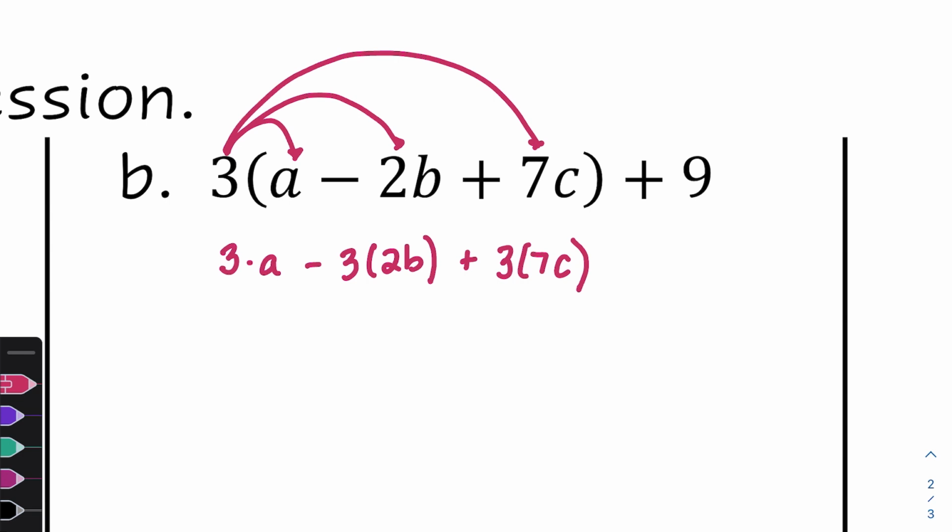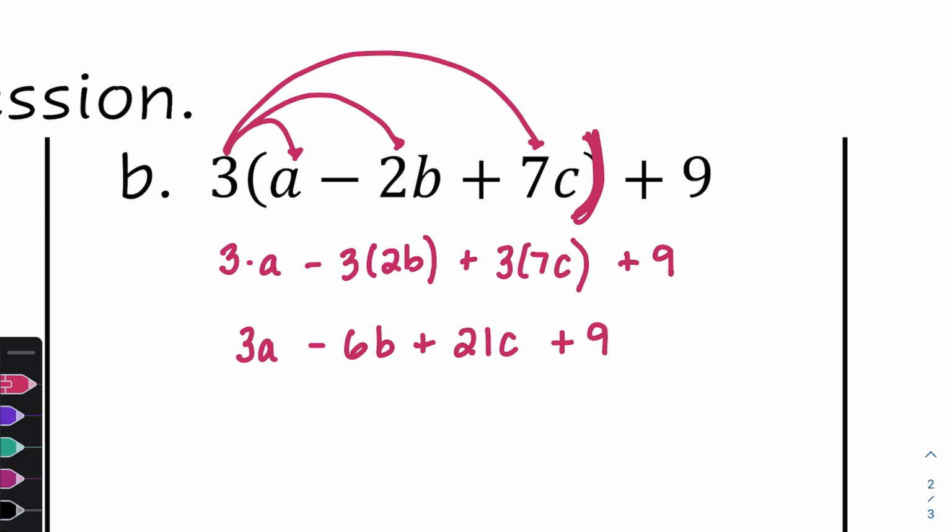And the answer is no, because we stop distributing or multiplying that 3 when we see our end parenthesis. So we just can't forget to put our plus 9 constant term at the end. Let's go through and multiply. 3 times a is 3a, minus 3 times 2b is 6b, plus 3 times 7c is 21c, and then we have our constant term of plus 9.